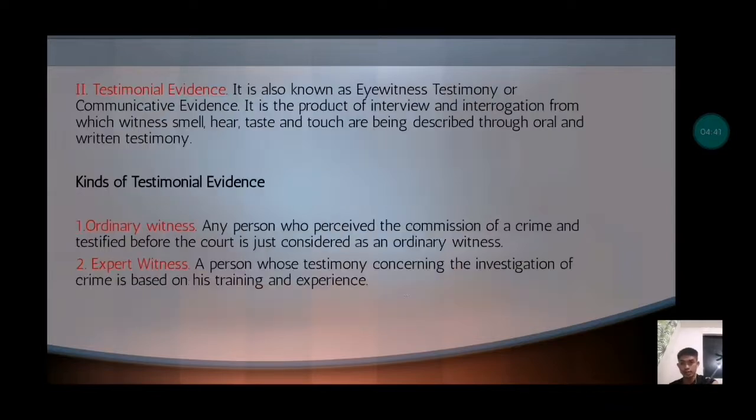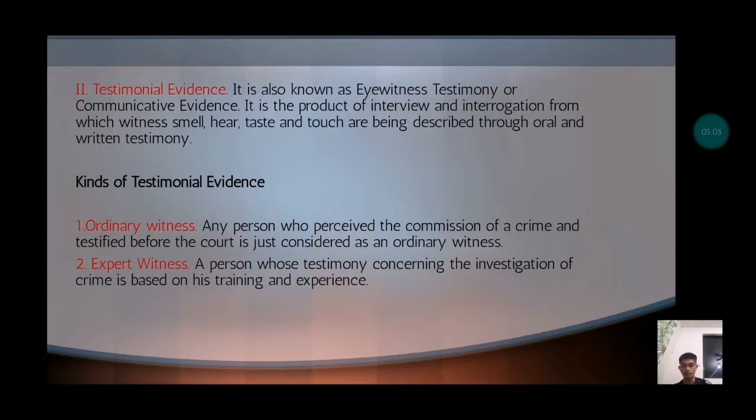So, the second is testimonial evidence. It is also known as eyewitness testimony or communicative evidence. So, this includes communications, witnesses, and testimony.